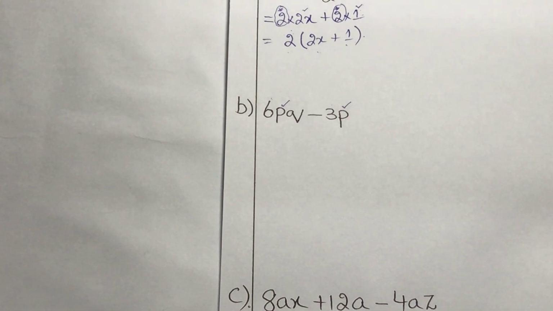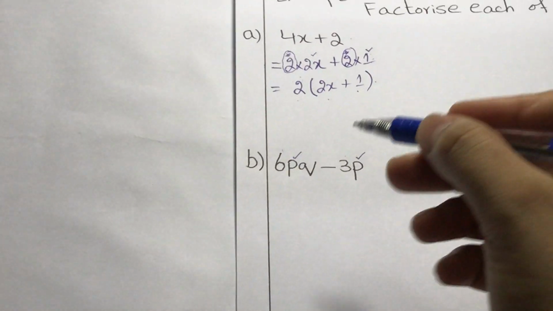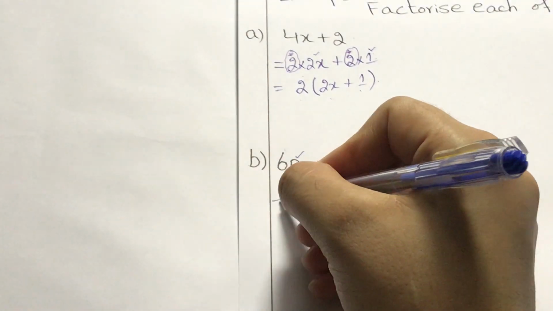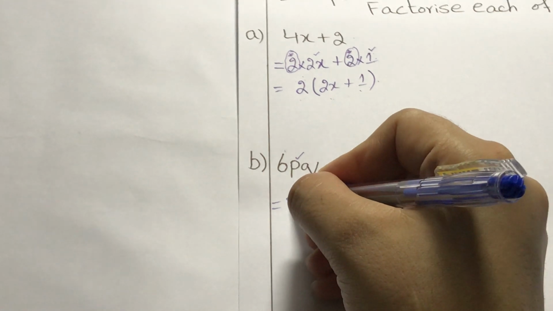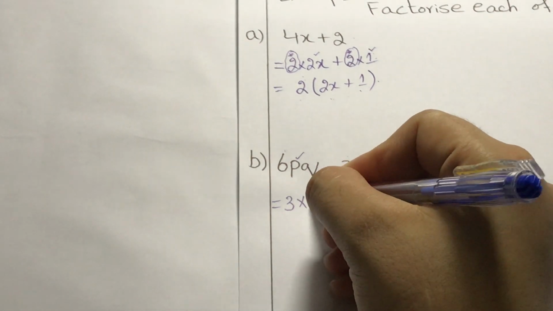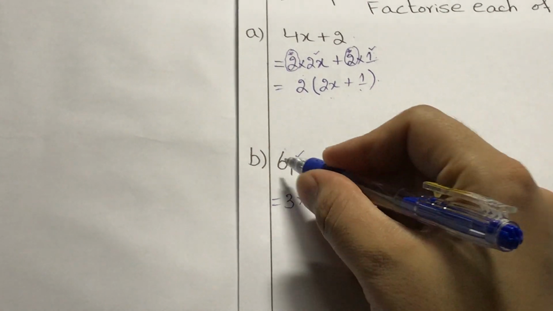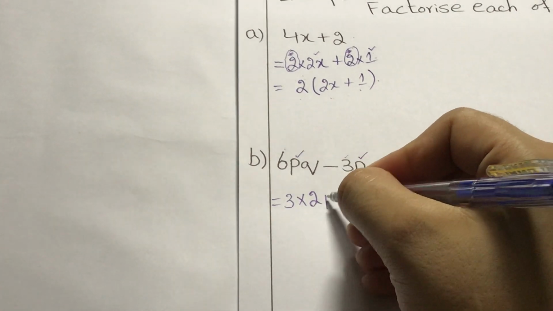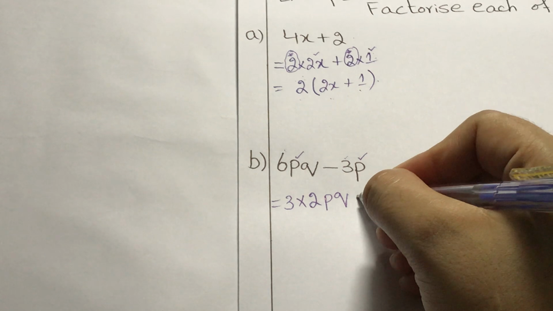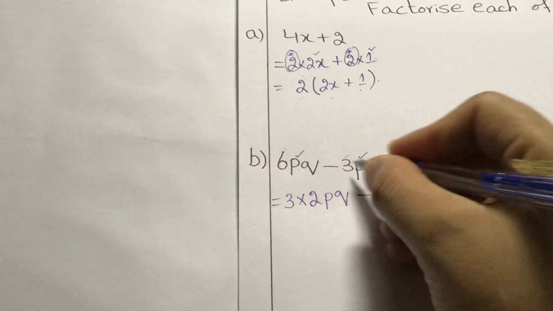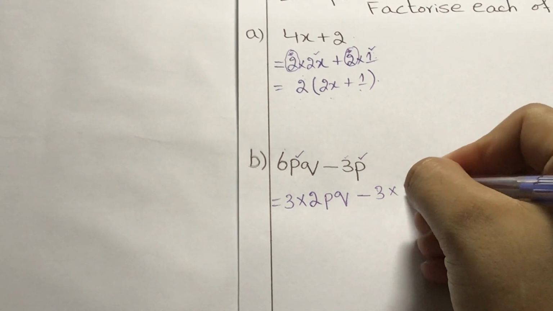So, if you know the table of 3, you can say 3 is the common factor here because 3 2s are 6. So, we can express this 6 as the product of its common factor, that is 3. 3 2s are 6, keep your variables pq, minus 3 1s are 3.